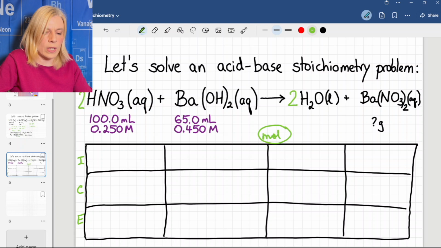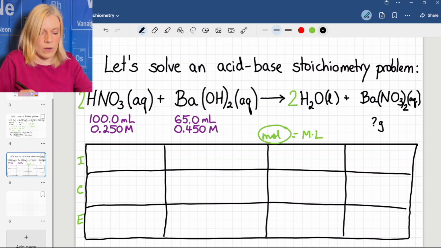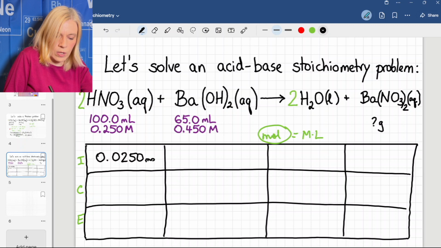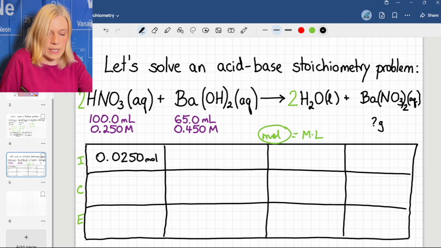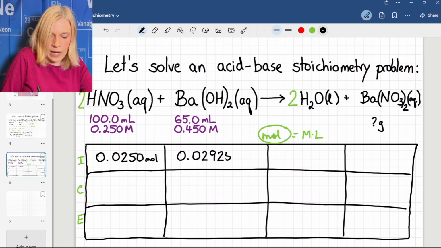And let's fill in whatever we have. Do you remember my moles also equal molarity times liters? Yes, molarity times volume. So here I have 0.250 molar and I have 0.1 liters. I'm going to have 0.0250 moles of my acid. And if I do the same thing with the base, I'm going to have 0.02925 moles of my base.